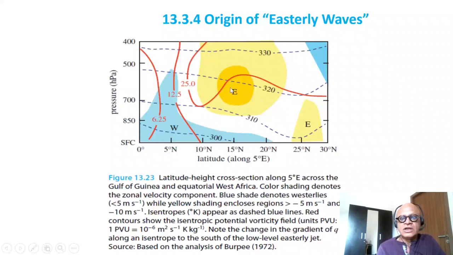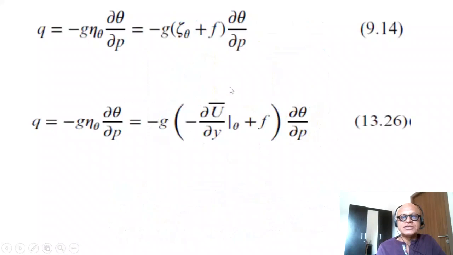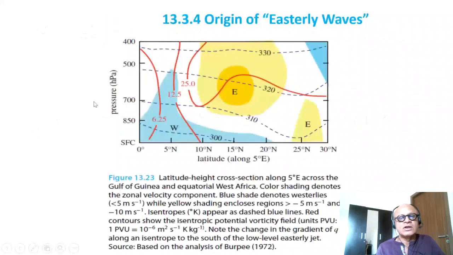So this is the low-level easterly jet. So essentially, when dq/dy changes sign in the domain, that creates instabilities, which is why this change in gradient is very critical, where you get instabilities which are then propagated westward as easterly waves.